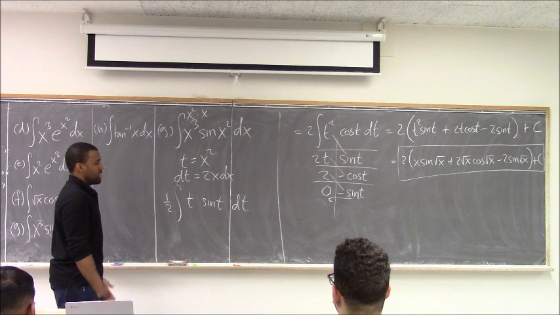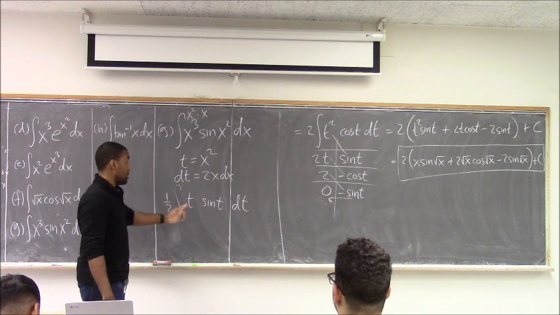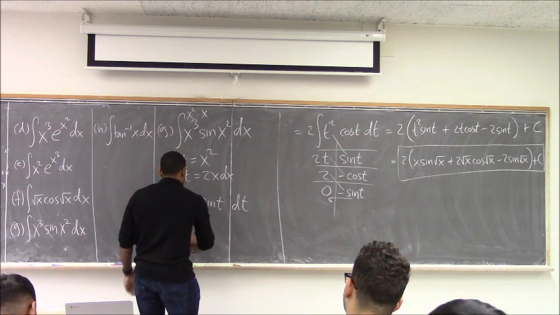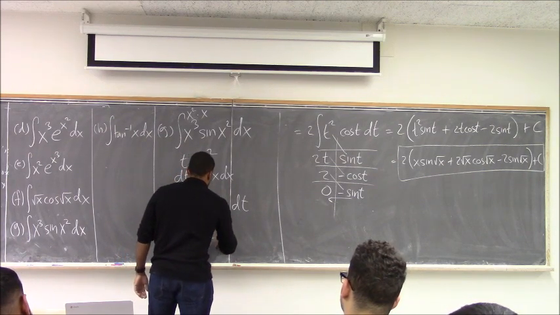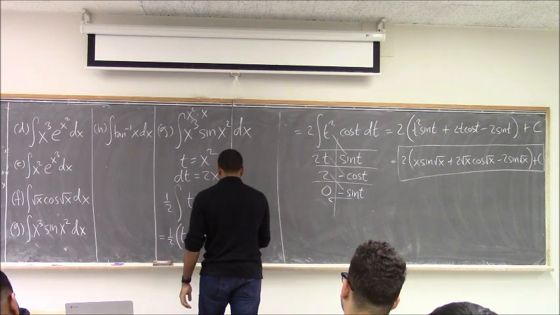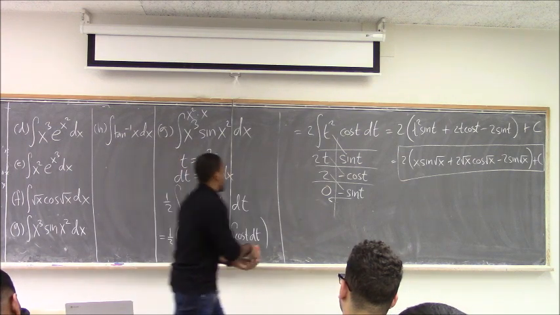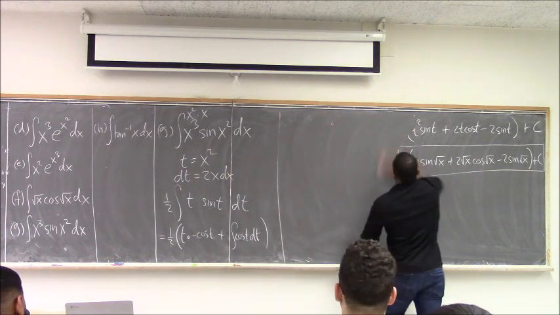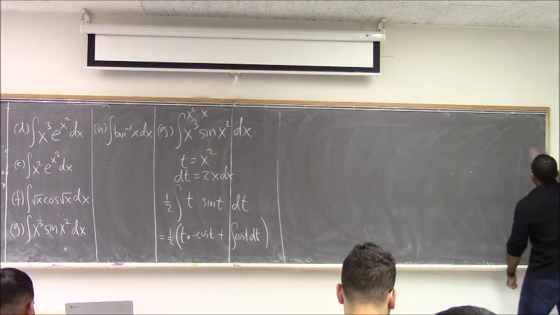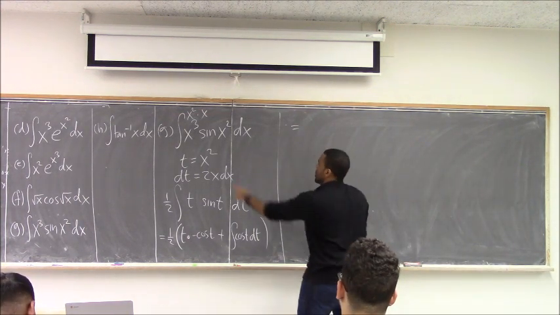So that's just a guy where you need integration by parts once, where this guy is the guy that you're going to differentiate. So it's going to be u times v minus the integral of v du, and that's going to be equal to t, which is x squared.